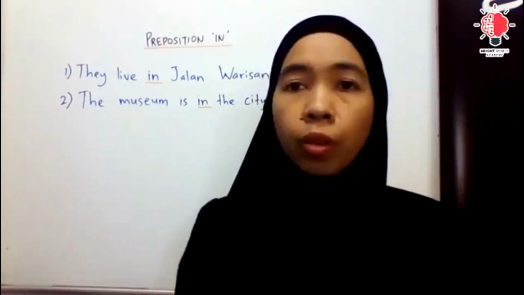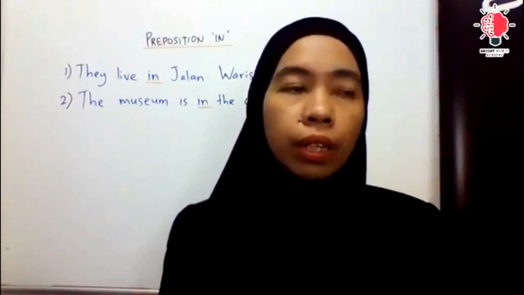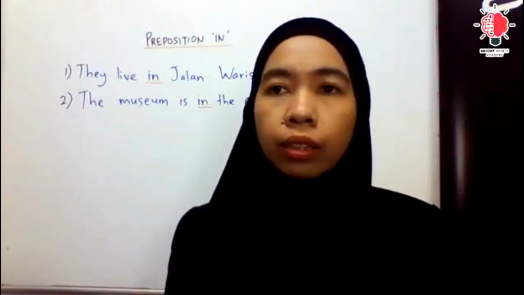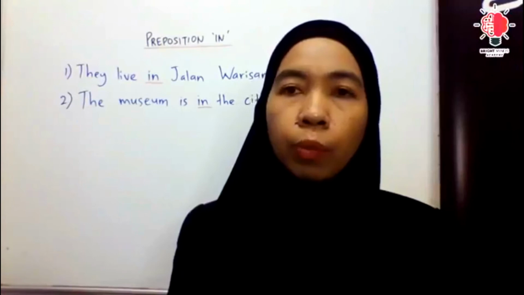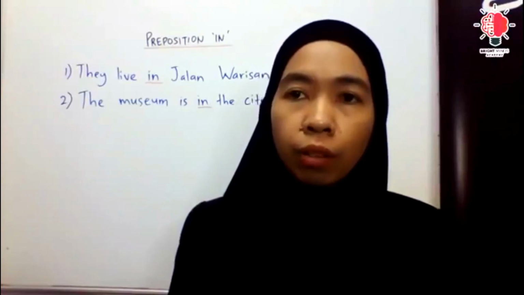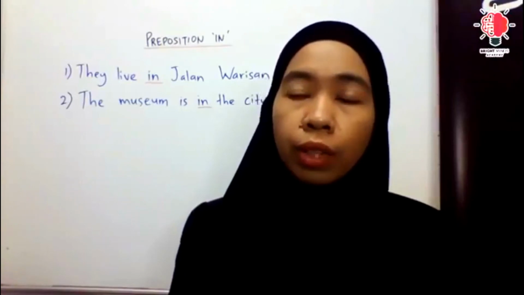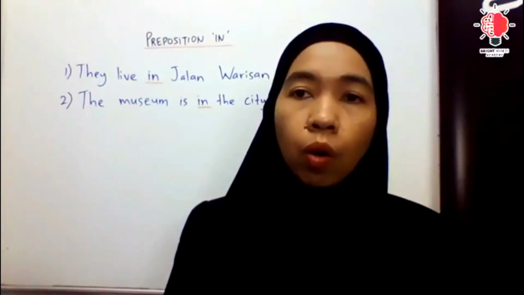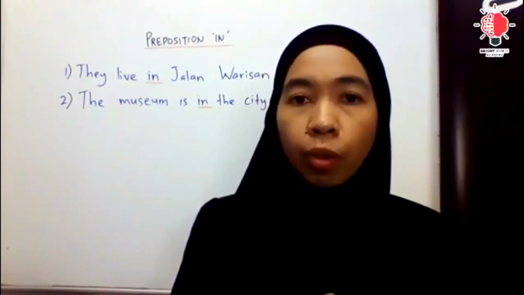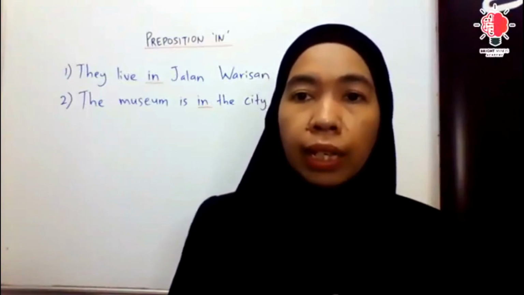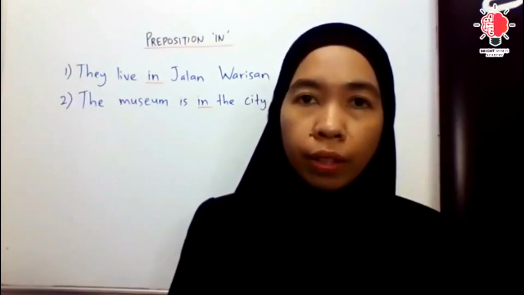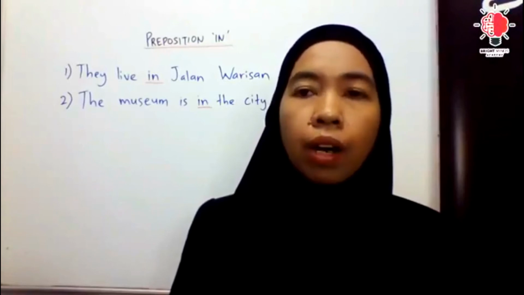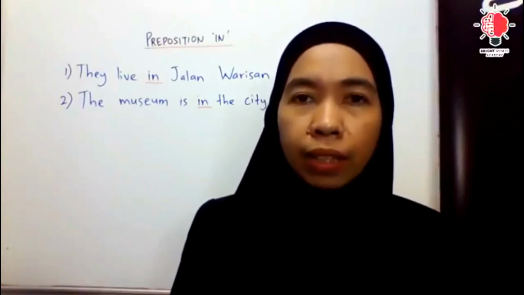But for a group of people, there's a section for important high-level groups, for example, like a committee or council or board. We cannot use in for that group of people. For example, he is on the board, or they are on the committee.